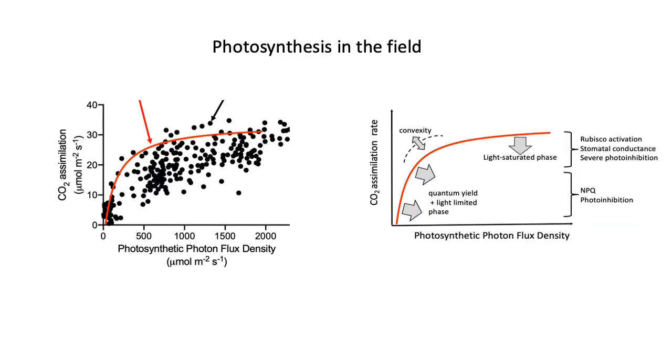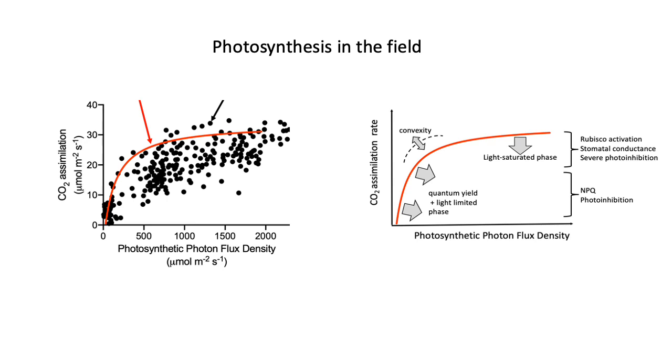If we make measurements of photosynthesis under high light and high temperature in the field, in this case this data is from Erie in the Philippines, you do not see a classic light response curve if you take random spot measurements of photosynthesis at ambient light intensity throughout the day.